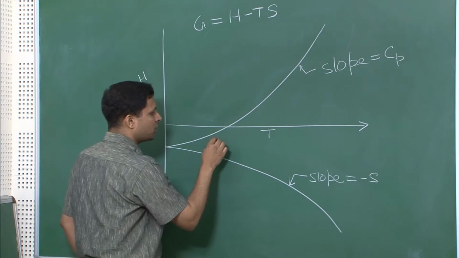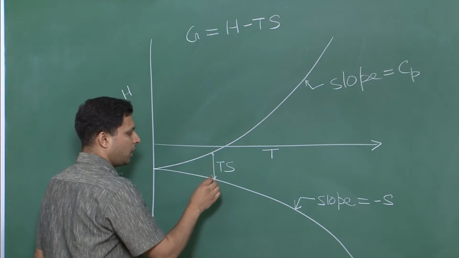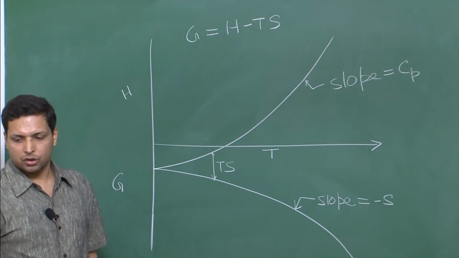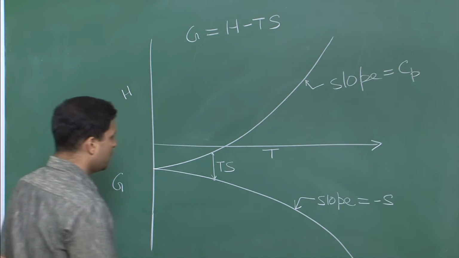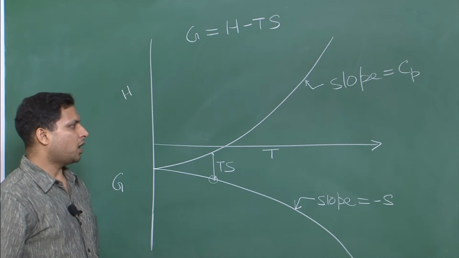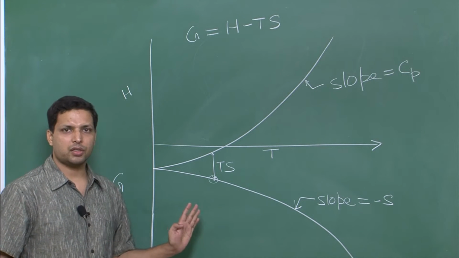So if this is H, this is the difference TS, and therefore at this particular temperature this will be your G. So this will be your G equal to H minus TS. This will be the total Gibbs free energy for a single phase at different temperatures. Now here no transformation is taking place.